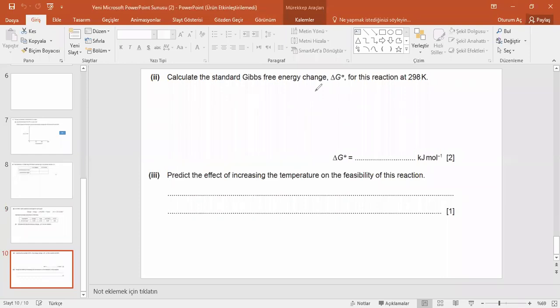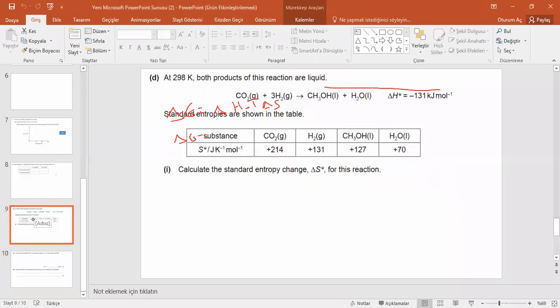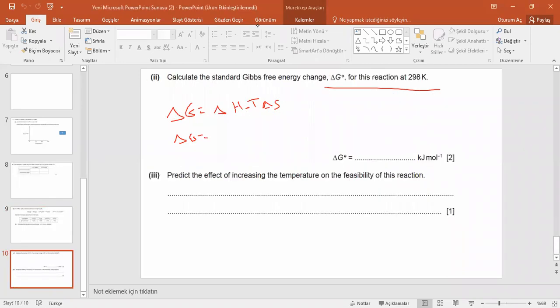Calculate delta G for this reaction, guys. Delta G, easy peasy. Simply, it is delta H minus T delta S. Delta G equals delta H. Delta H is given at the beginning of the reaction. It is here, minus 131.